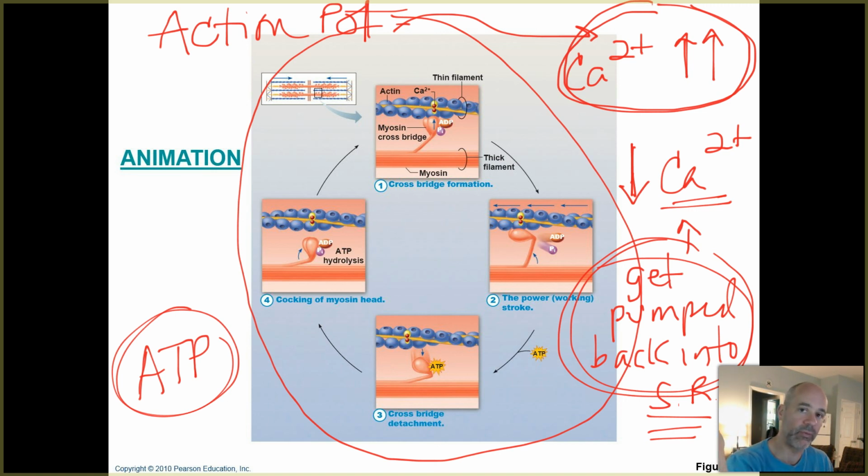Those ATP molecules get hydrolyzed to provide the energy to cock the myosin heads. And now we're seeing that ATP is used as a source of energy to pump calcium back into the SR where it needs to be stored, so it's poised and ready the next time you need to start contracting this muscle fiber. So ATP is extremely, extremely important for these muscle fiber contraction processes.